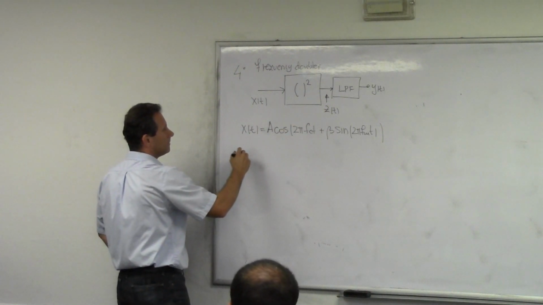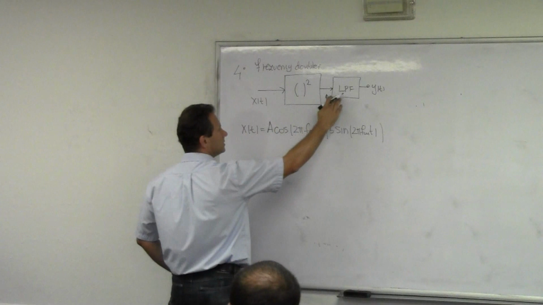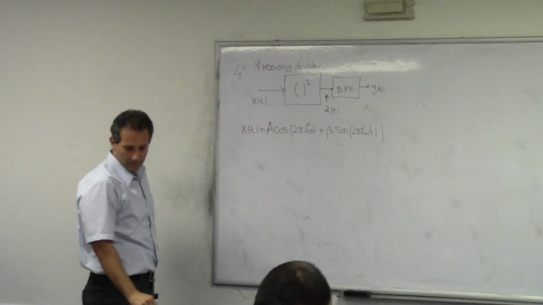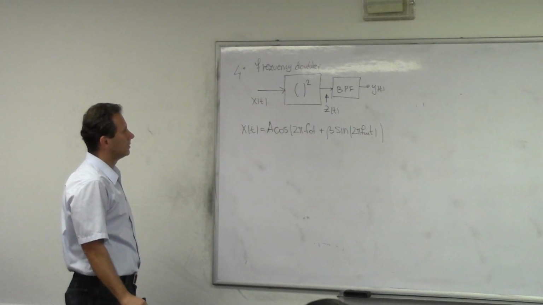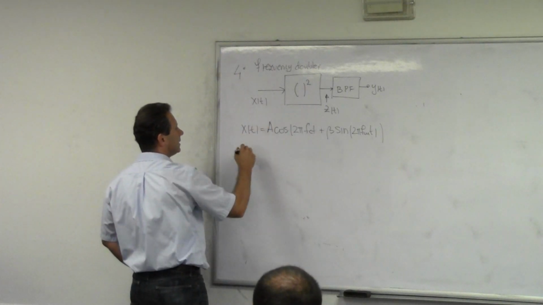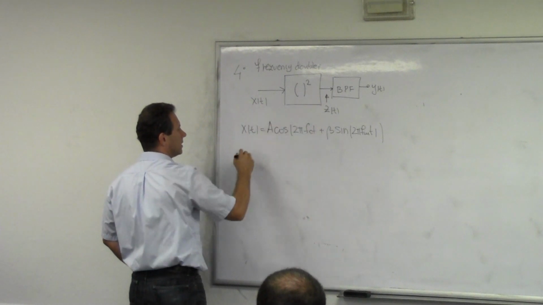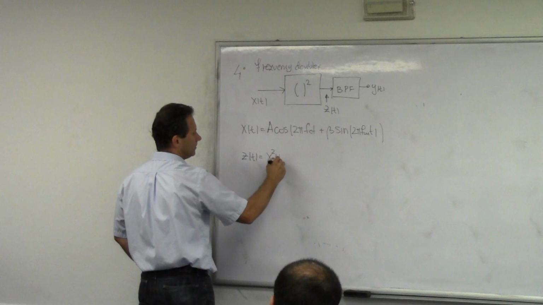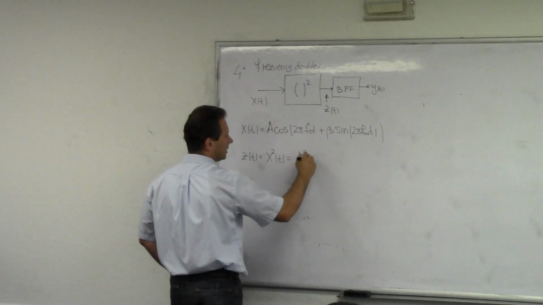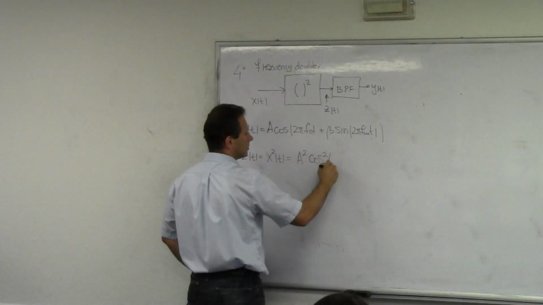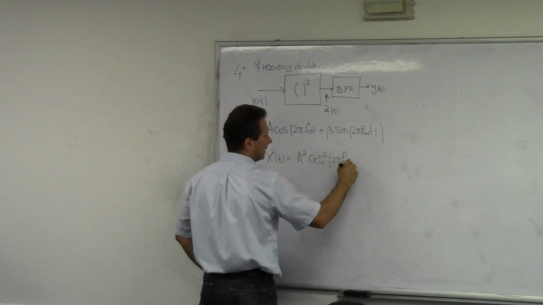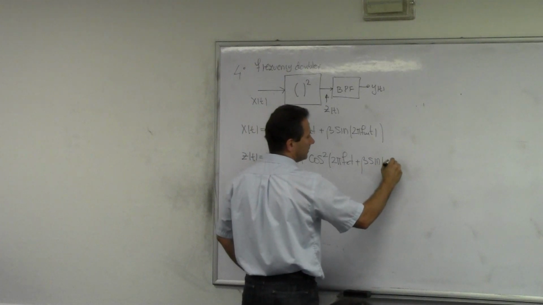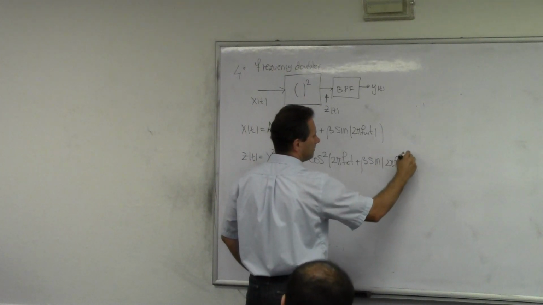All right, but let's work out our math here. Is this low pass? No, this is band pass, with appropriate frequency. So, if I square this signal, z of t is going to be x squared of t, which is a squared times cosine squared of 2 pi fct plus beta sine 2 pi fm t.